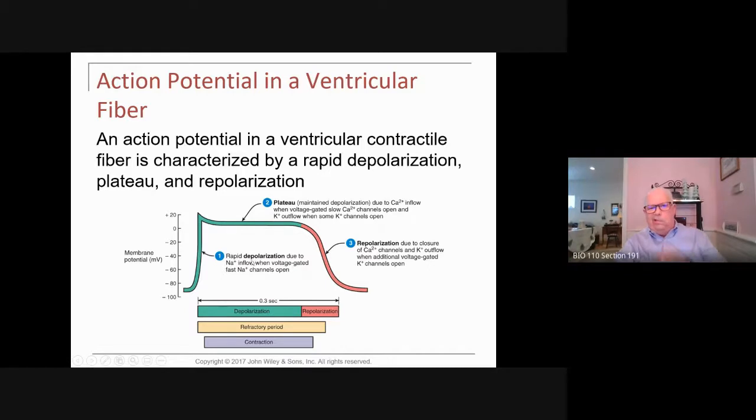So depolarization is sodium influx. Plateauing is due to calcium influx, and repolarization is due to potassium leaving the cell. Okay? So: depolarization, plateauing, and repolarization.